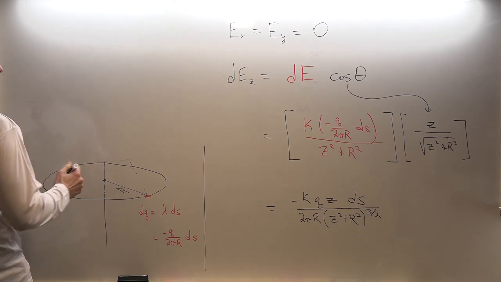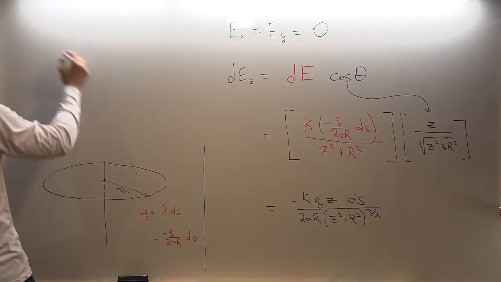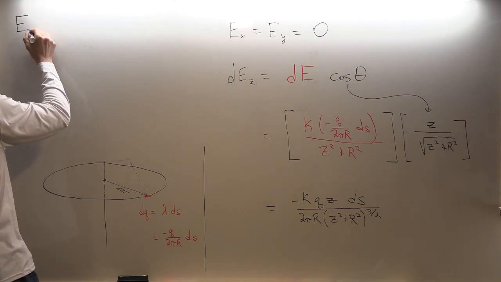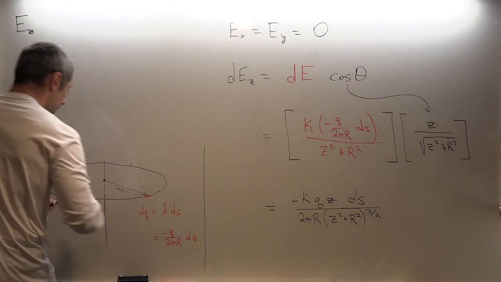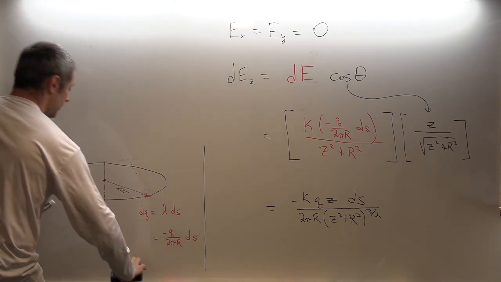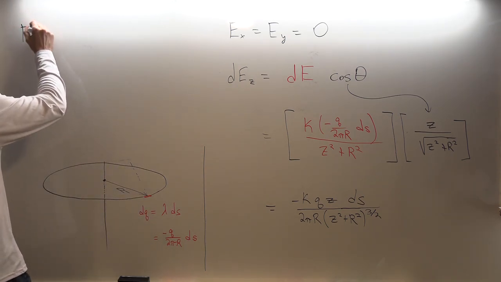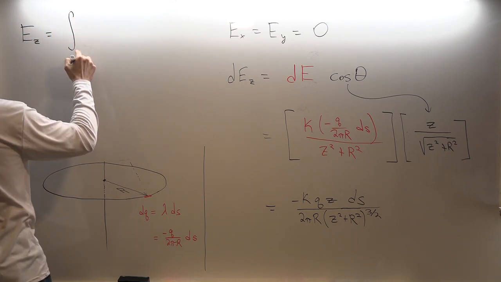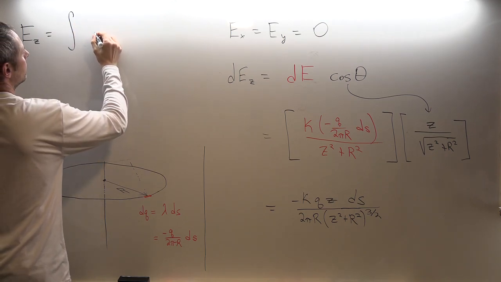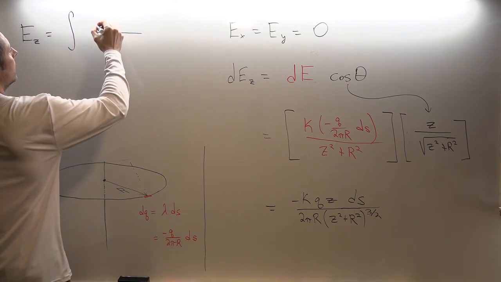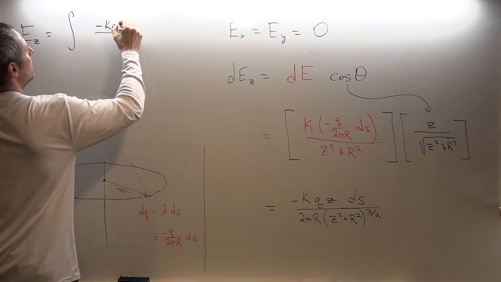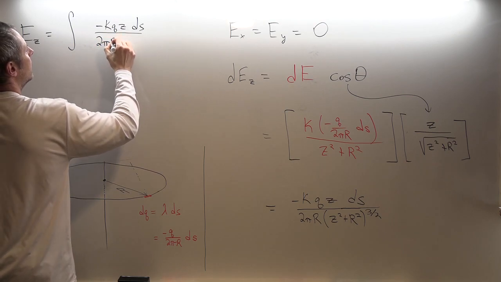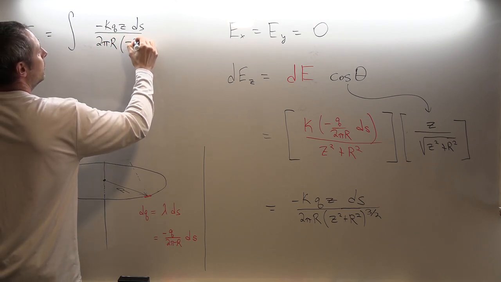So now instead of dEz, we're going to have the whole entire Ez, the z component of the electric field. Maybe I need to bring it down a little bit. Integrating. Hold off on the limits. Leave a little space. Minus k, q, z, ds, over 2 pi r, z squared plus r squared.